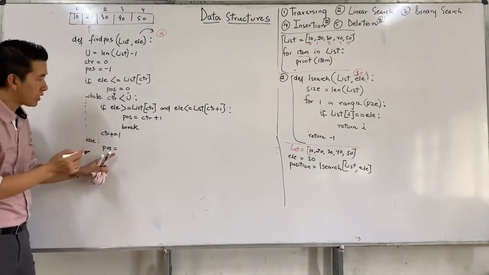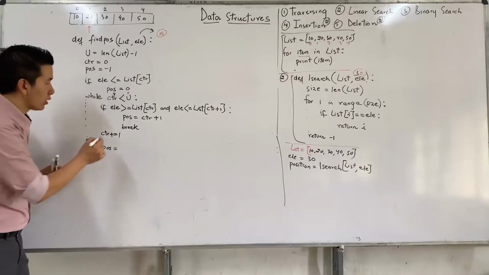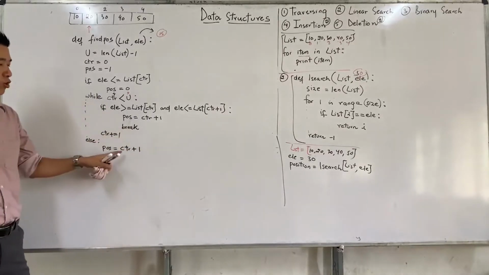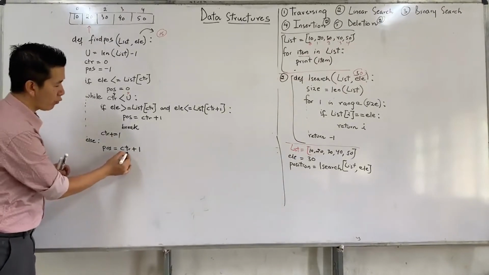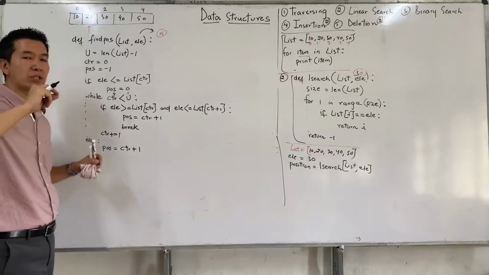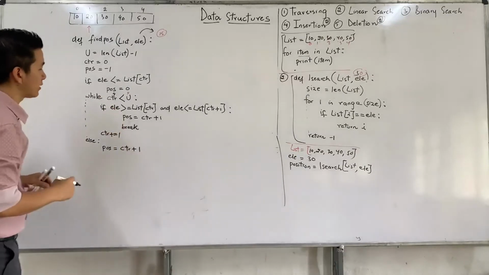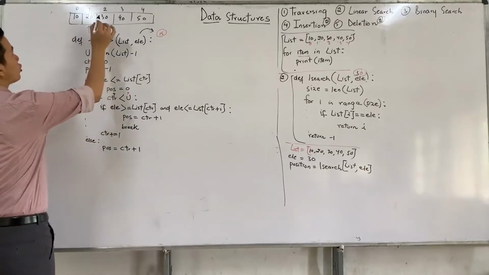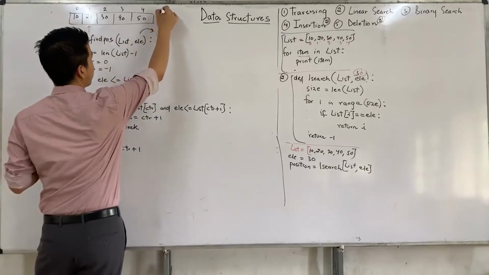So the value of CTR is 4, and you have to add 1 to it. 4 plus 1 is 5. If the new element is to be inserted at the end of the list, it cannot be 4, it will be 5. 0, 1, 2, 3, 4, 5.